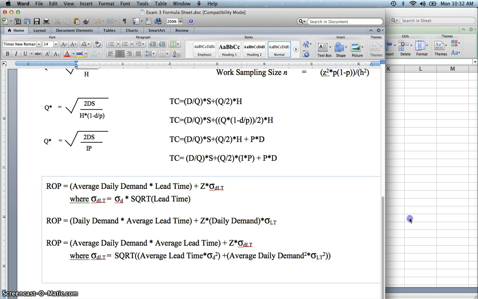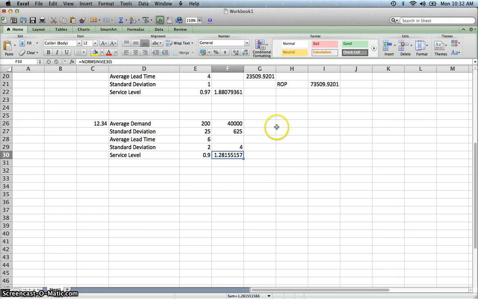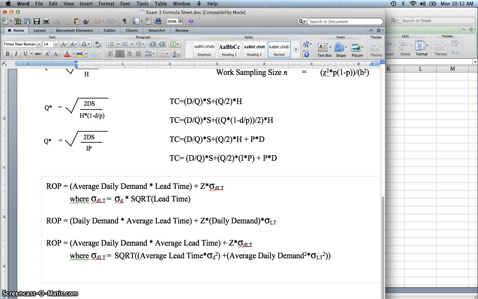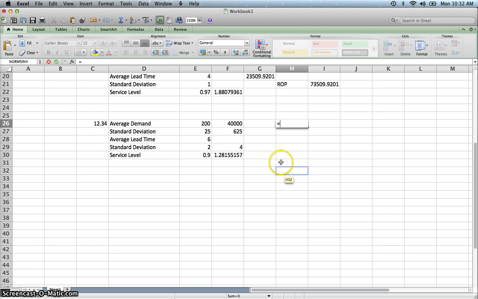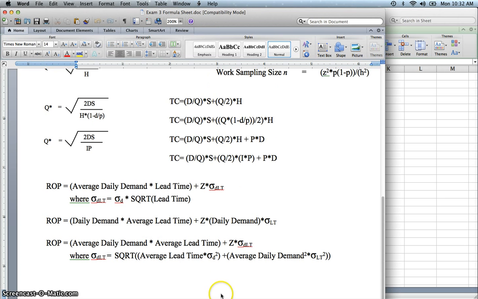So let's go ahead and do that. So we will calculate this here. So this is average lead time times the square of the standard deviation demand. So that's the first part of that equation.